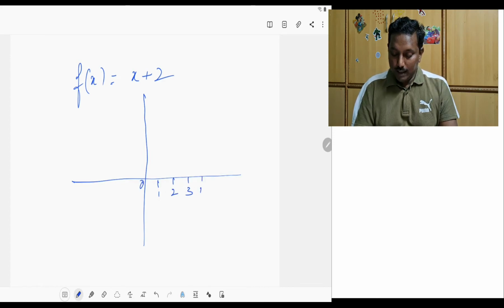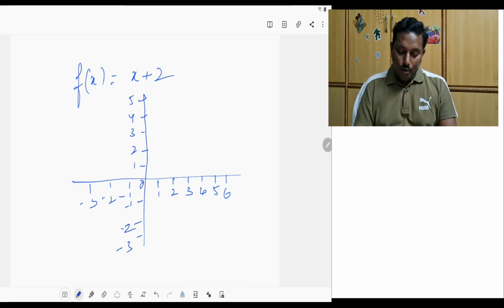On the x-axis we take x values. This is on the positive side, this is on the negative side, and this is f of x, with positive values on the y-axis and negative values downwards. Whenever x is 0, the value of f of x would be 2.